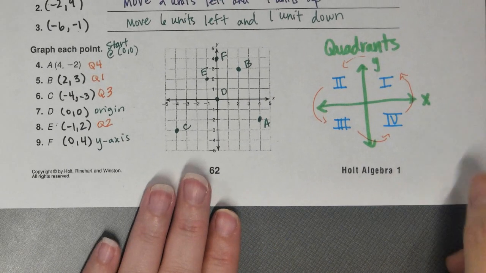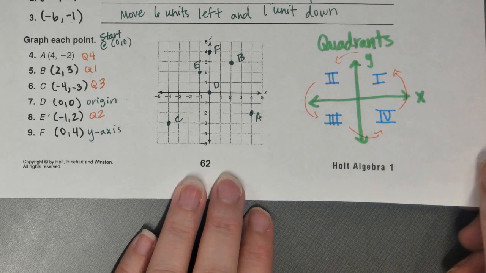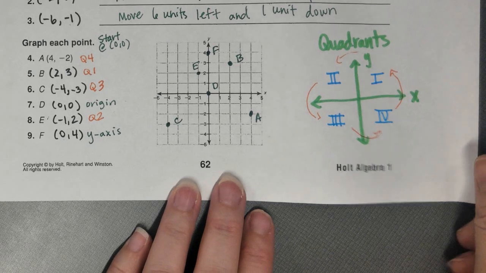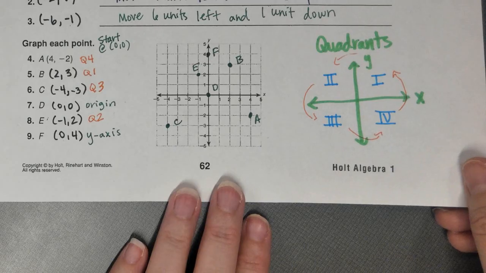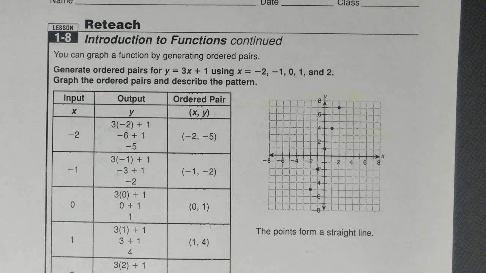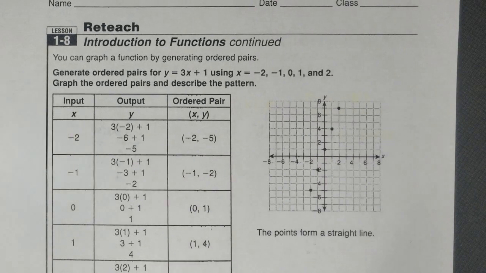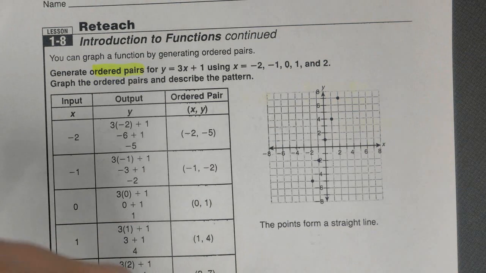Okay, so now that we've talked about how to plot points, we're going to move on to how to plot functions, okay? How to plot graphs. So a big part of Algebra 1 is graphing functions, making sure that we can plot them. And we're going to start doing this with a table, okay? And what we use is something called ordered pairs. So they're going to say generate ordered pairs for an equation.